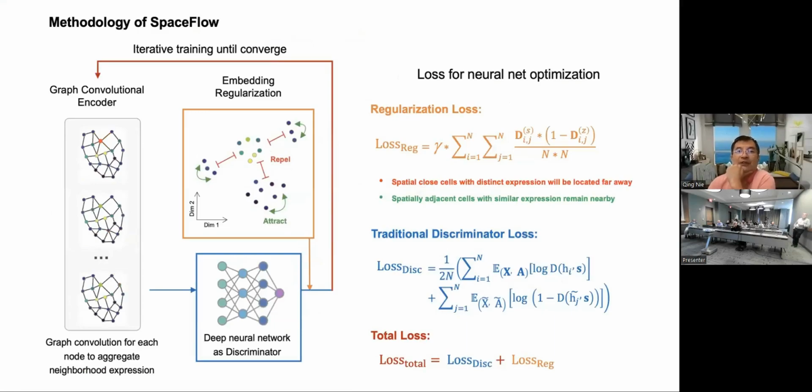More specifically, to get a little bit of math into it, the traditional discriminant loss in this training method is something like that. Then we add information to make cells, when they're similar, get close to each other. When they're far, they are repelled from each other in the embedded regularization space.